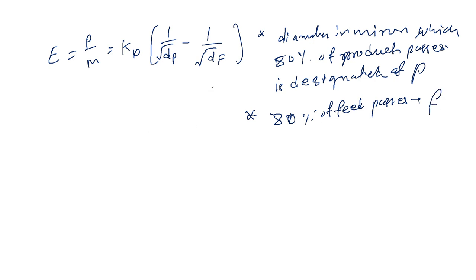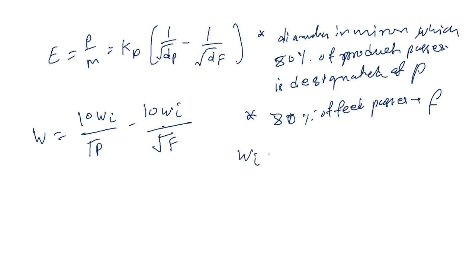Work input is in kilowatts, and here W is equal to 10 Wi divided by root P minus 10 Wi divided by root F. So Wi is the work index.